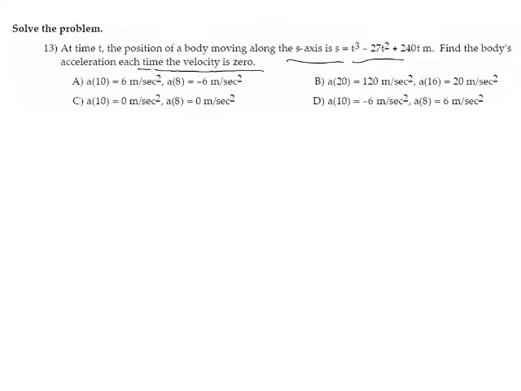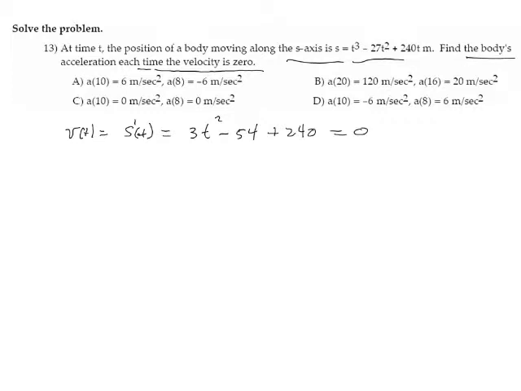Well, to get the velocity as a function of time, it's equal to s prime, so we need to take the first derivative of the position, which is equal to 3t squared minus 54t plus 240 equals 0.